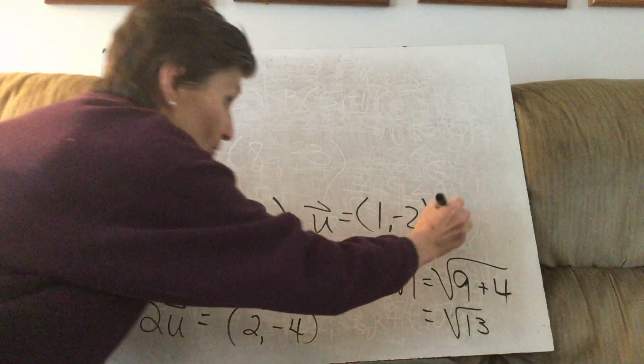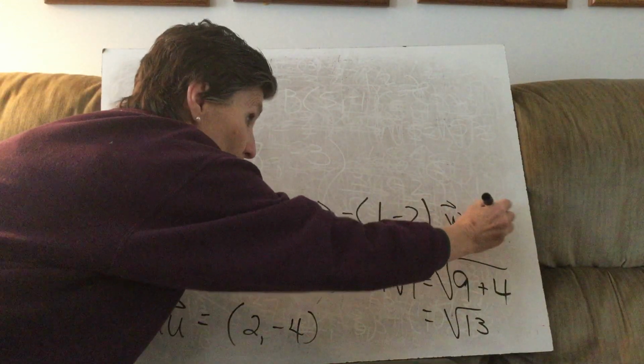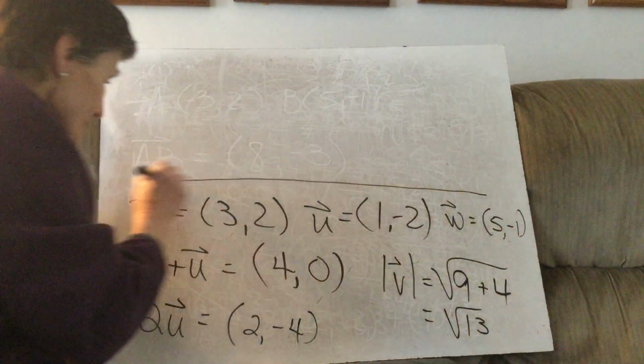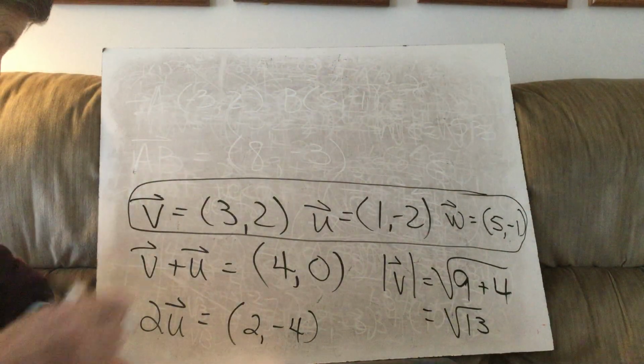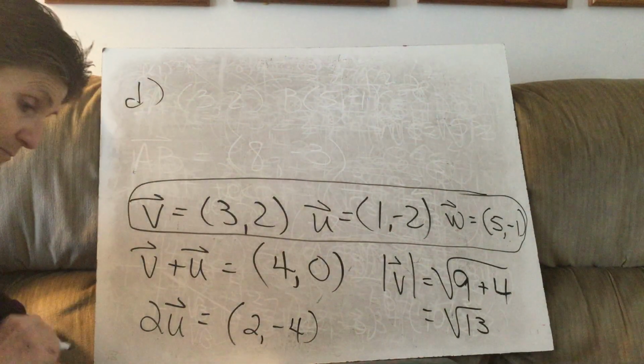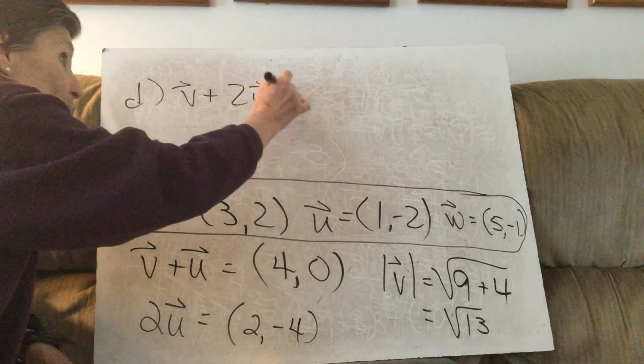Now let's see, we've got a third vector here, vector W. So I'm going to box this in. This is the given. Okay, and now I'm ready for problem D, which says I'm going to add V plus 2W.